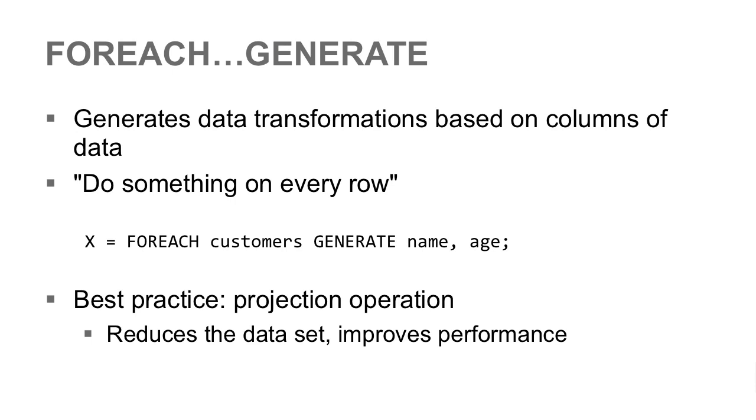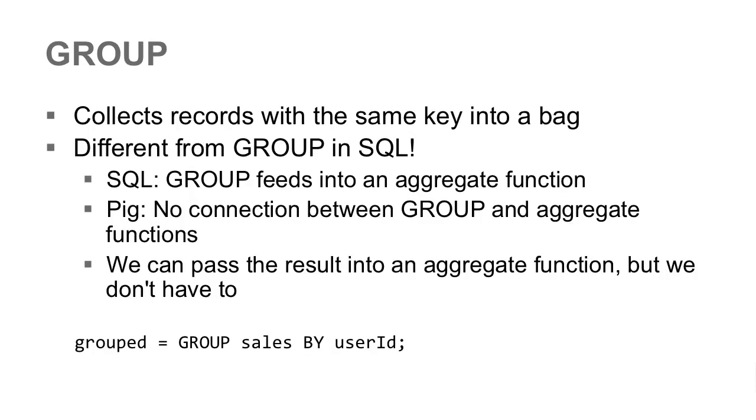Everything else is going to be ignored. So this is a very convenient operation because we can reduce the elements that are not needed. And this is actually one of the best practices of using Pig. This type of operation is called projection. And it is very useful because it is reducing the amount of data that we need to work with, and that improves the performance.